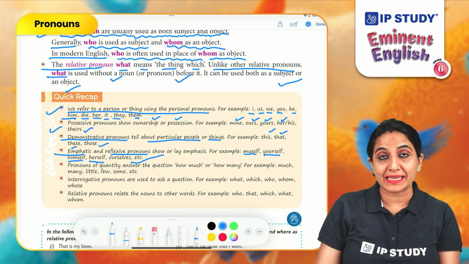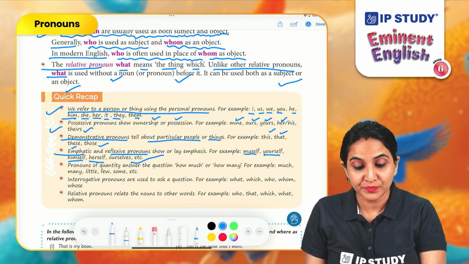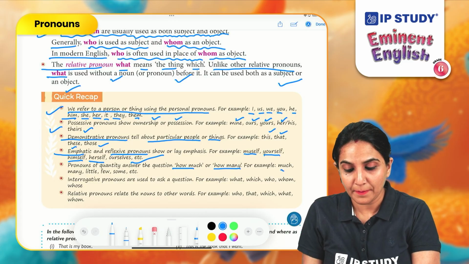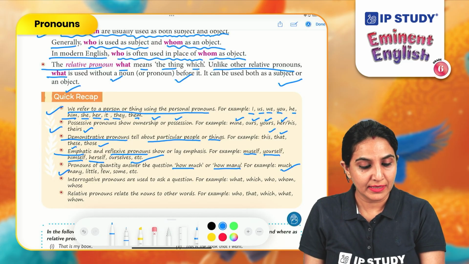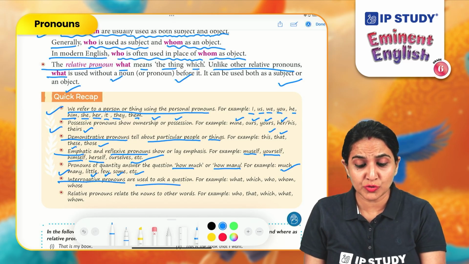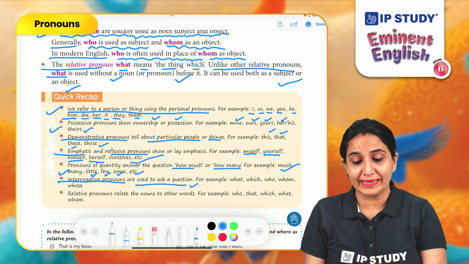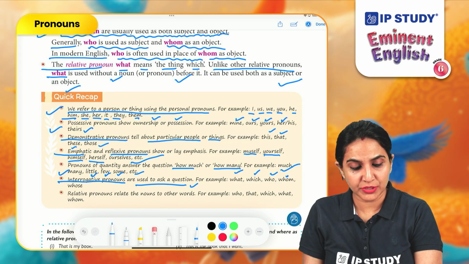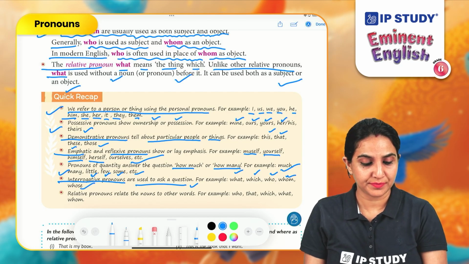Pronouns of quantity help us to answer how much or how many, for example, much, many, little, few, some, etc. Interrogative pronouns are used to ask a question, like what, whom, who, which, and whose.